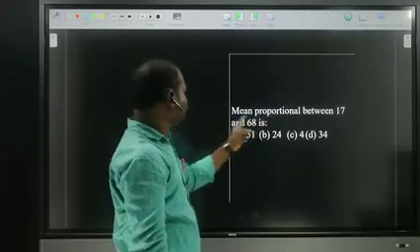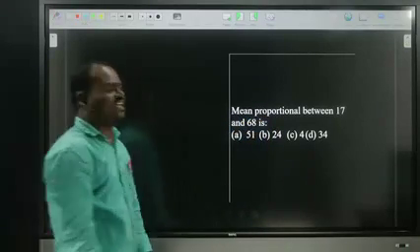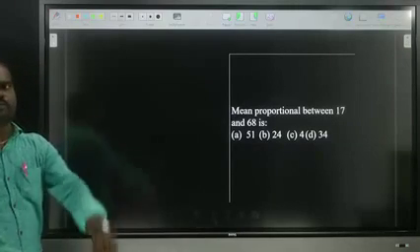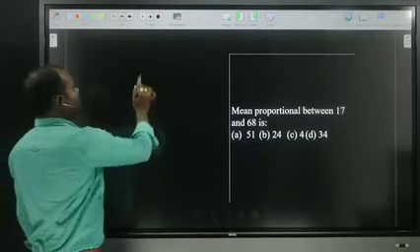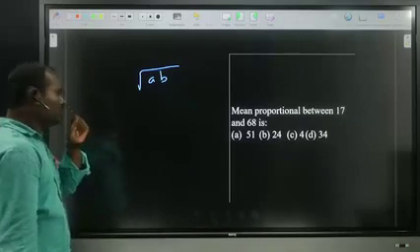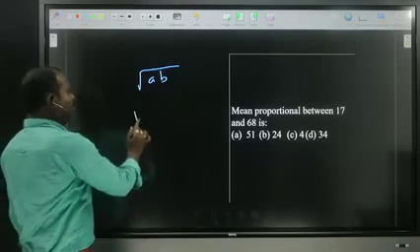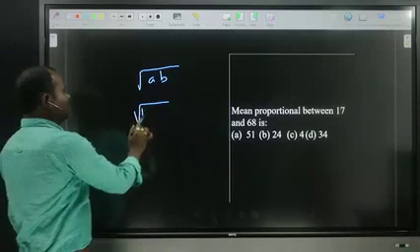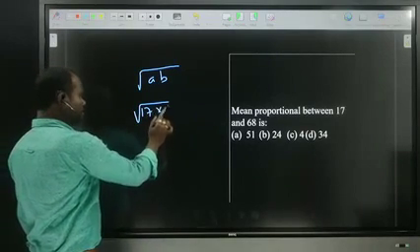Mean proportion between 17 and 68. Just now we learned the mean proportion formula: root AB, that is under root of 17 into 68.